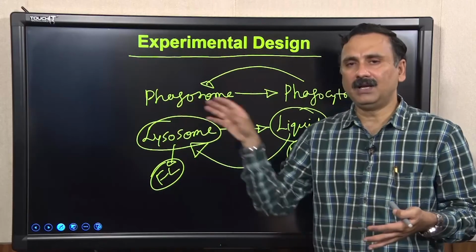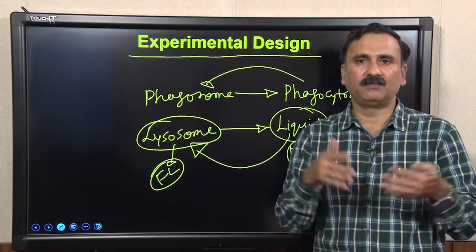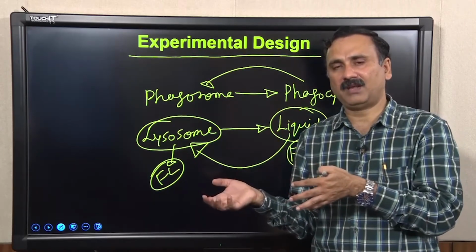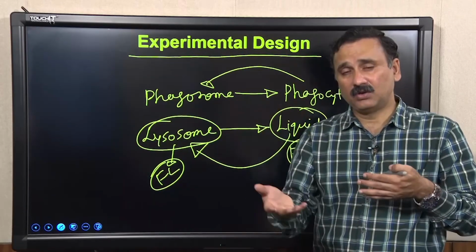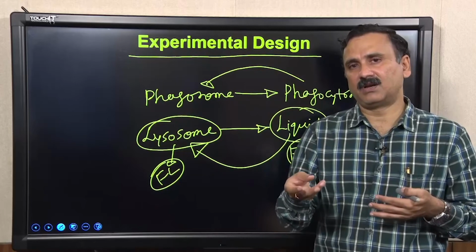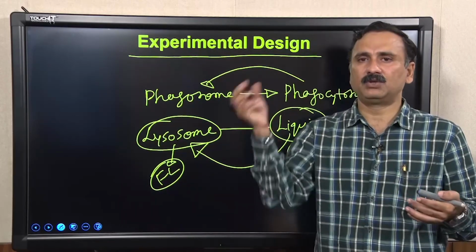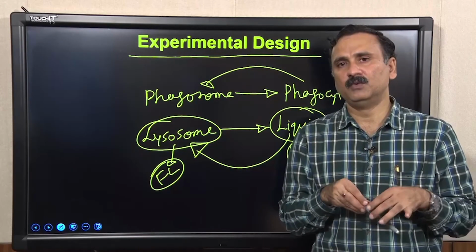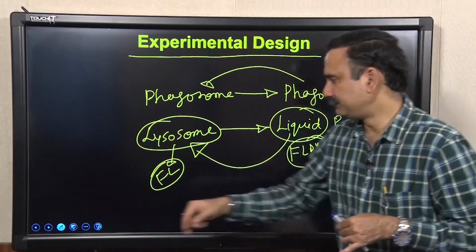Once these two are ready, you can mix them and ask whether they are fusing with each other or not, because if the mycobacterium has some factors interfering, it will not allow the phagosome to interact with the lysosomes.